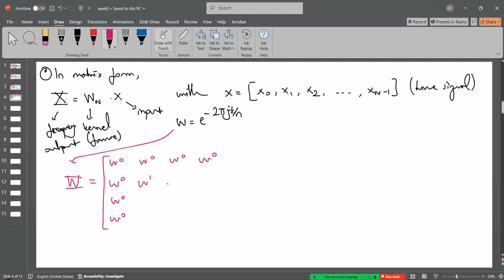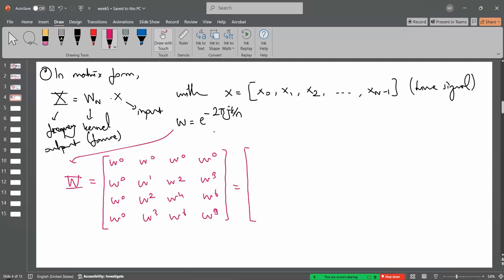This is w1, w2 and w3. Just remember the DSP lesson. If we are increasing the exponent factor here, we can differentiate the different frequency patterns in here: w2, w4 and w6, and w3, w6 and w9. Okay.